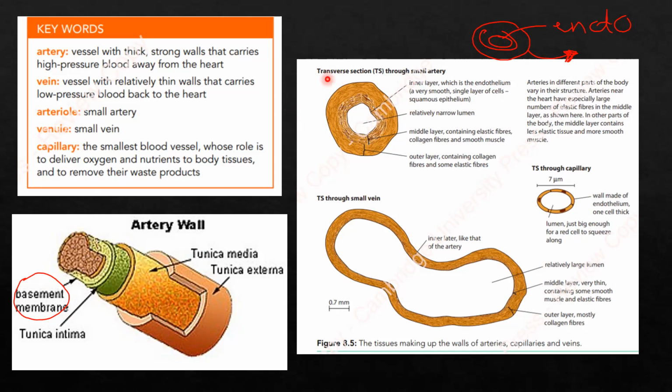So how does this correlate? Let's see. He says that an artery has an inner layer, which is endothelium. Like I told you, this endothelium is basically the basement membrane, the innermost layer of single cells, right? And endotheliums are always squamous epithelium. Squamous epithelium means that they are not regular.